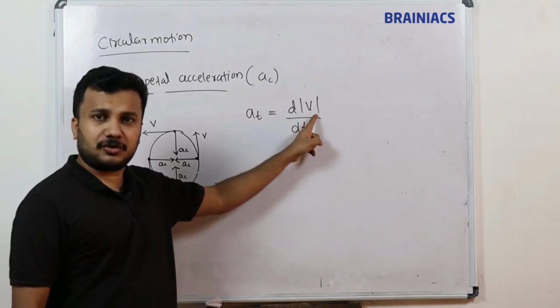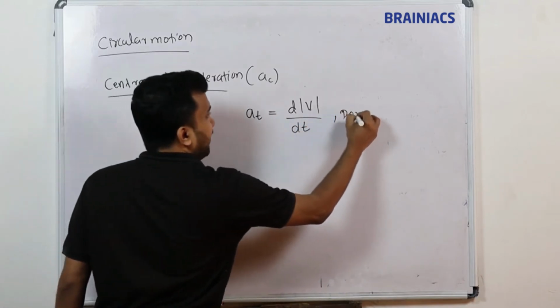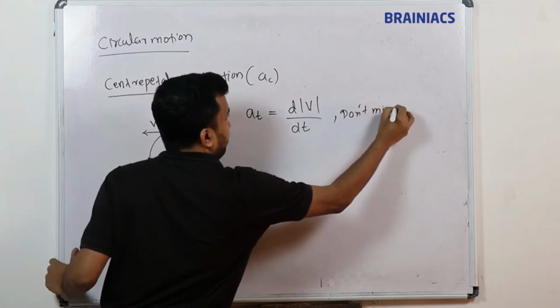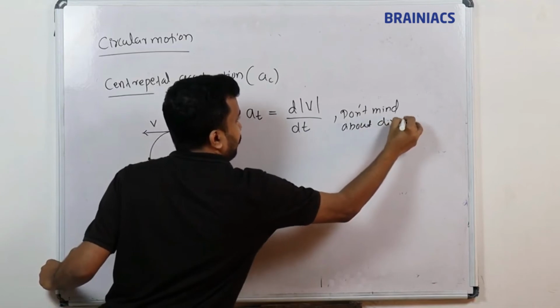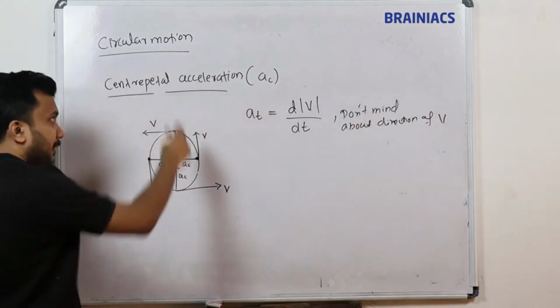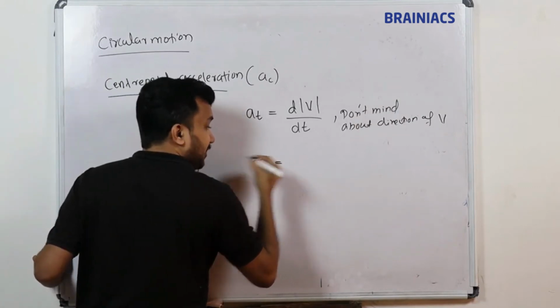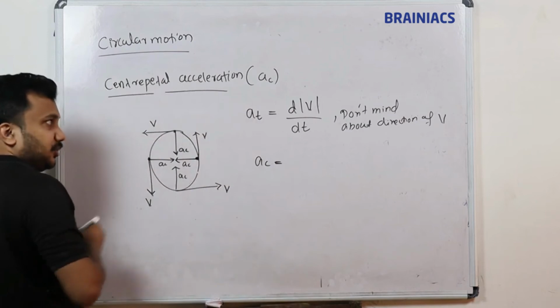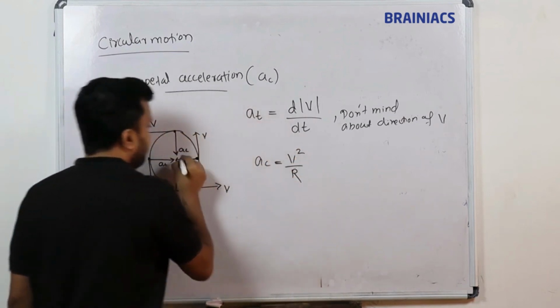If that value is not constant, you have tangential acceleration. So don't mind the direction of v. But in case of centripetal acceleration, the equation with respect to v is v square by r, where r is the radius.